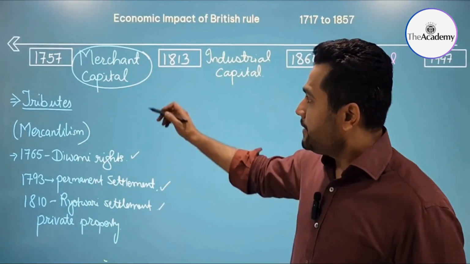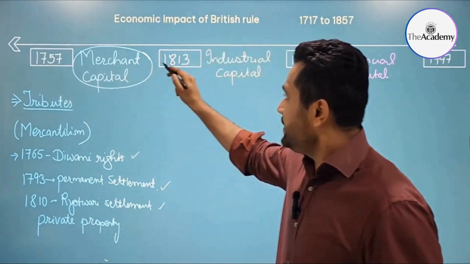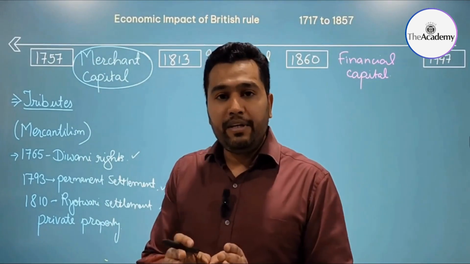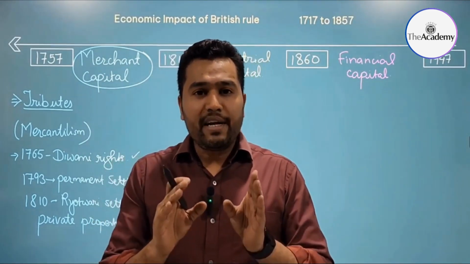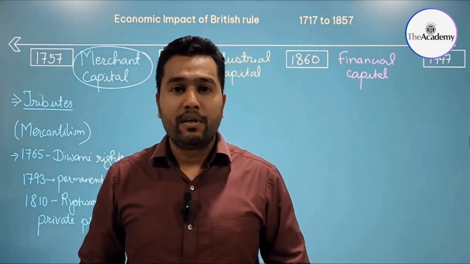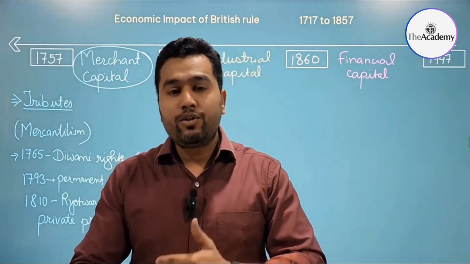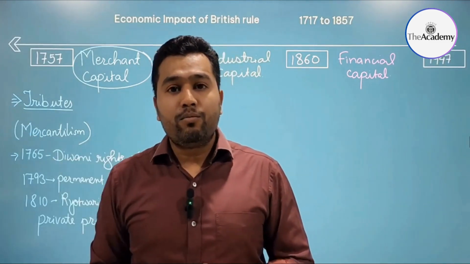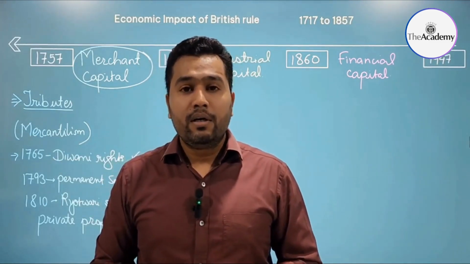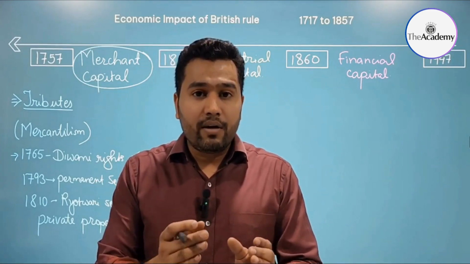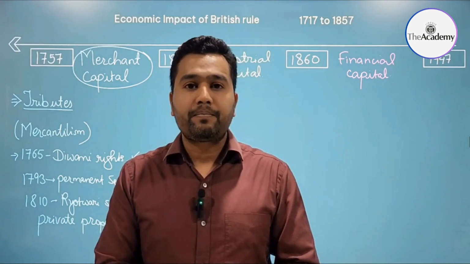So from 1757 till 1813, the East India Company, which was mostly interested in trade and commerce, in acquiring as much of Indian produce as possible and selling it to markets abroad, came to bring about underdevelopment of the Indian economy.